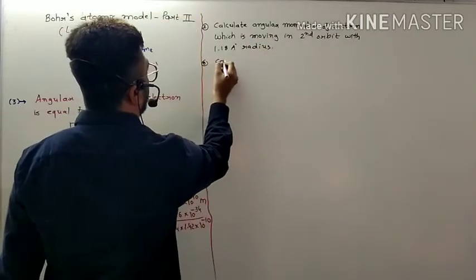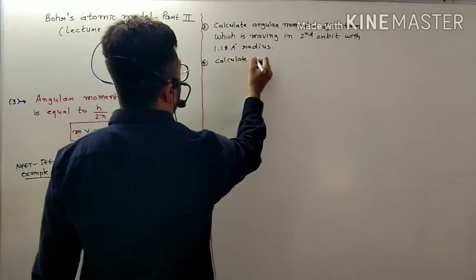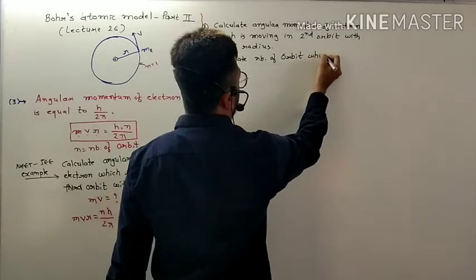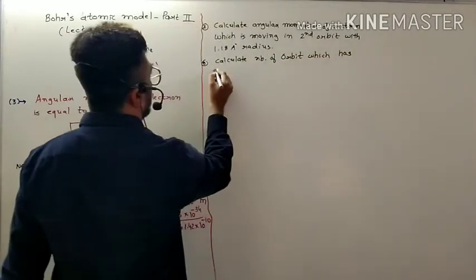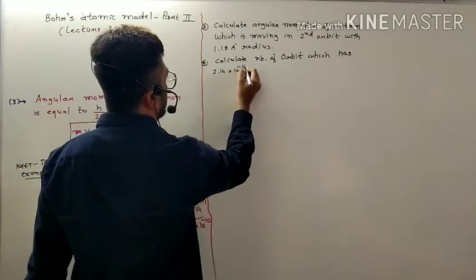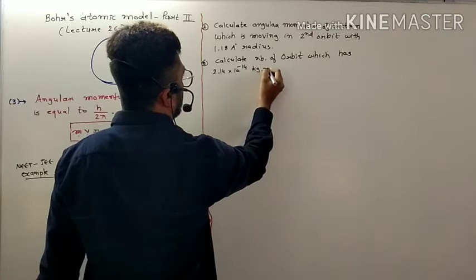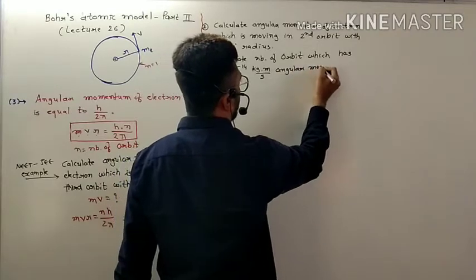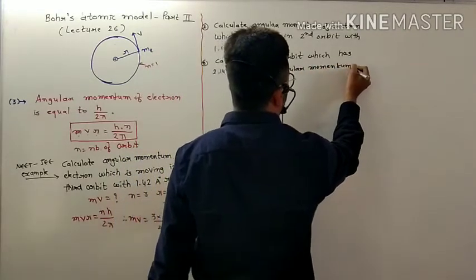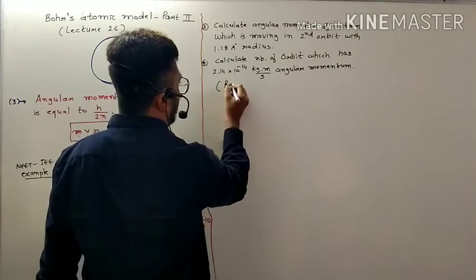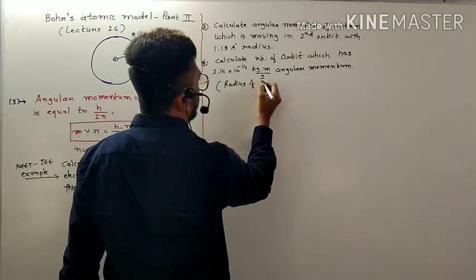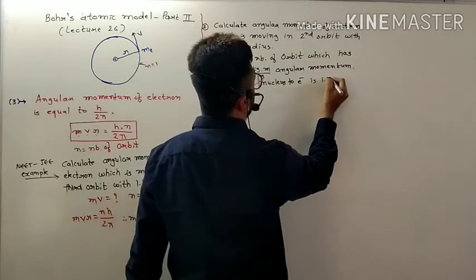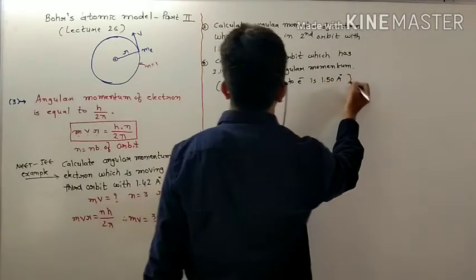Okay, third one. Calculate number of orbit which has 2.14 into 10 raised to minus 14 kilogram meter per second angular momentum (in bracket, radius of electron is 1.50 angstrom).